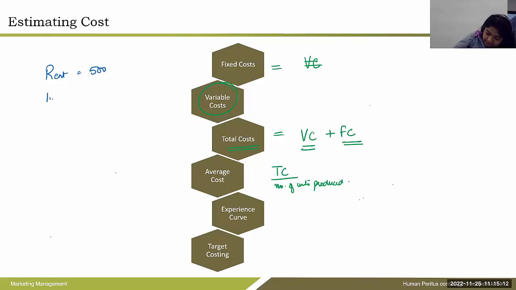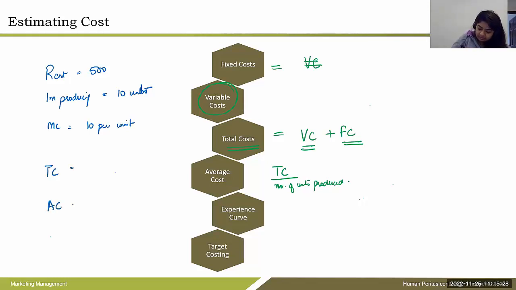I am producing 10 units. Material cost is 10 per unit. Can you find out the total cost and then the average cost? Anybody, what is the total cost and what is the average cost?